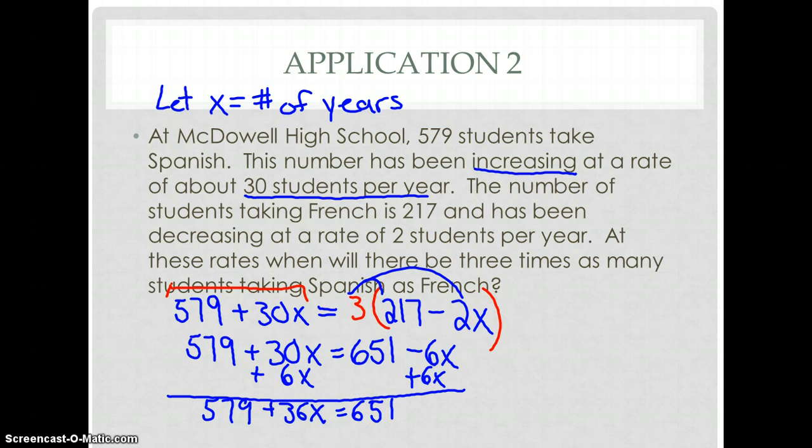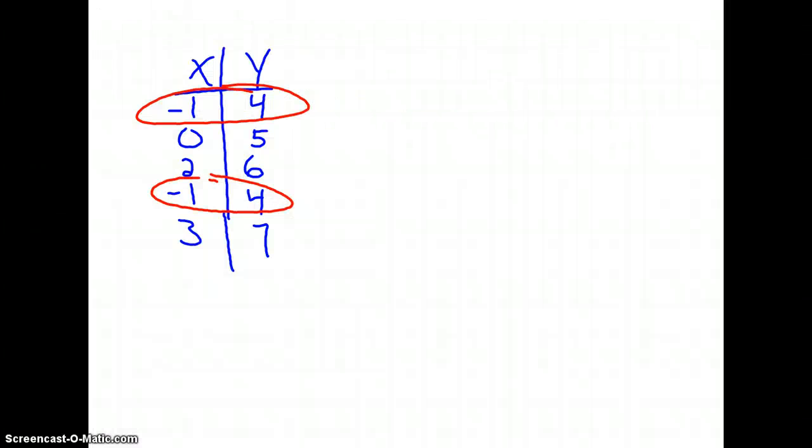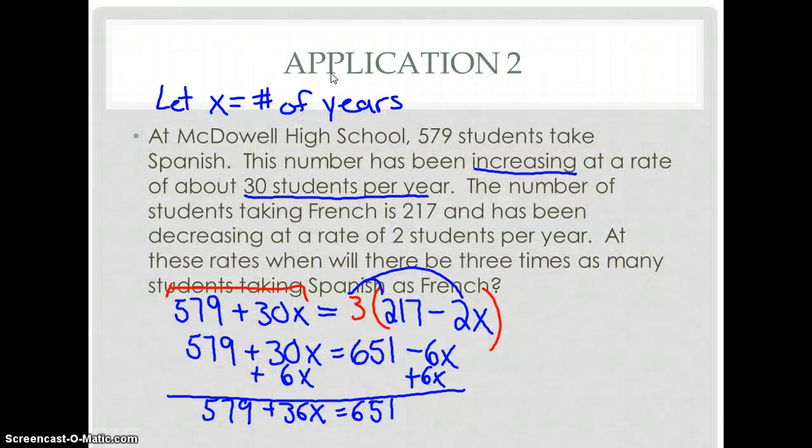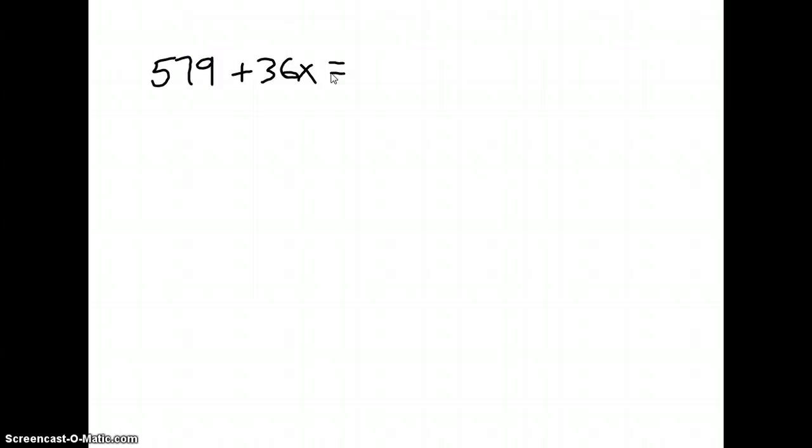I'm going to rewrite that here. I have 579 plus 36x is equal to 651. Now we can continue solving this. Subtract 579 from both sides.